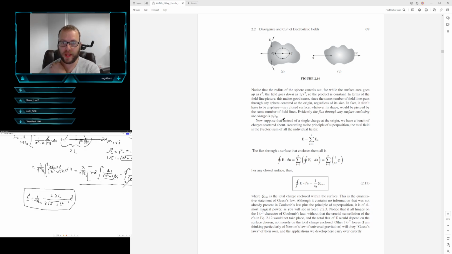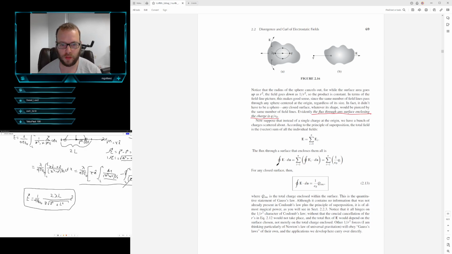The flux through any enclosing surface is q over epsilon naught. Now what if we had a bunch of charges? Well, the total field is going to be equal to the summation of all the individual electric components.